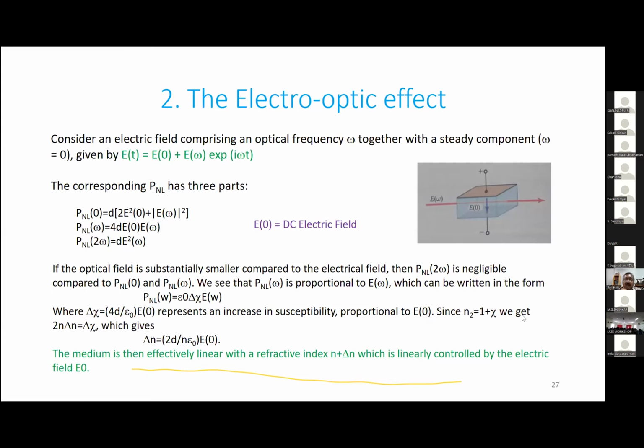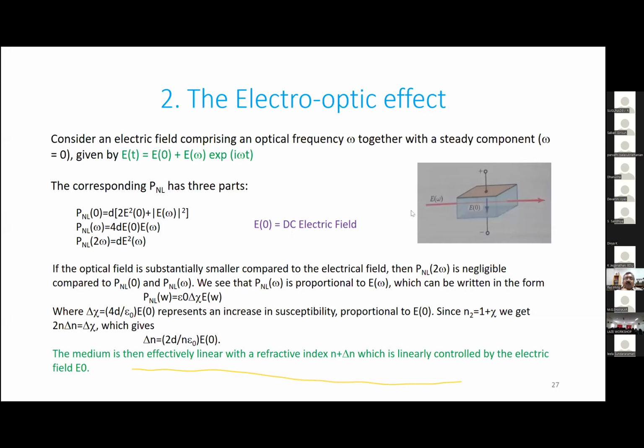Since n squared is 1 plus chi, we get 2n delta n equals delta chi, giving delta n equal to 2d by n epsilon naught multiplied by E naught. Therefore, the medium is effectively linear with a refractive index n plus delta n.